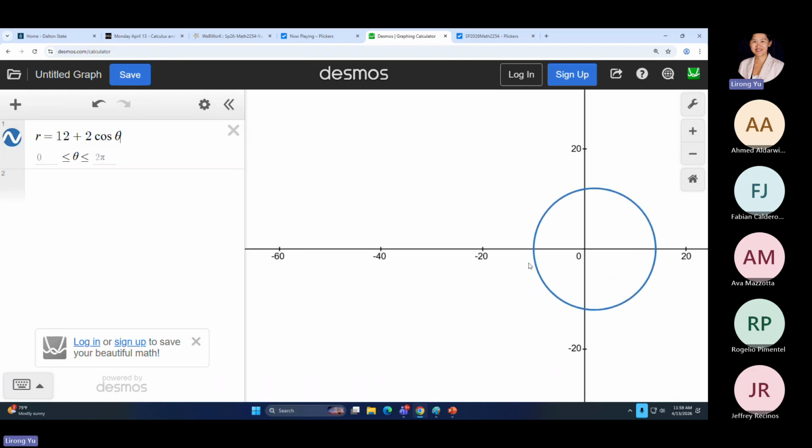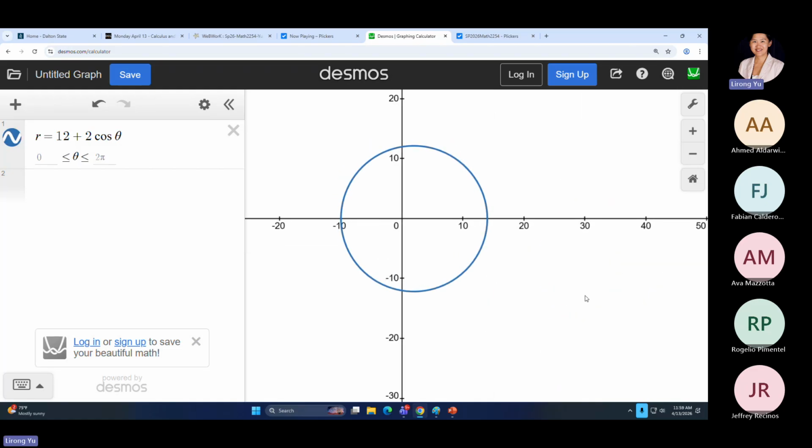You see, it's almost like a circle of radius 12, because the 2 in 2 cosine theta is smaller than 12. You have a really big radius, and then here you have something that changes just slightly. It kind of moves the circle a little to the right, but overall it's a circle, right?